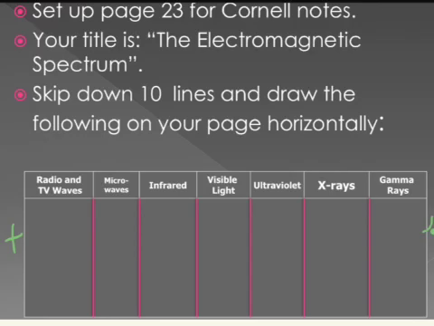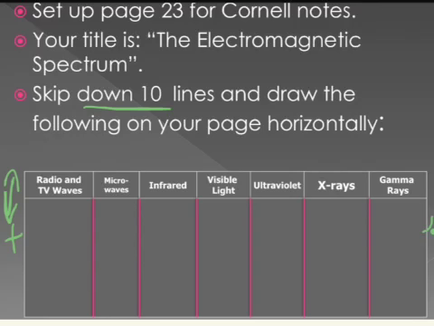And these are the various types of electromagnetic waves that we're going to be talking about, the various types of radiation. There are 1, 2, 3, 4, 5, 6, 7 of them. So you're going to make 7 spaces to write, and you're going to be writing sideways. I told you to skip down a few lines so that you have room at the top up here to write some things before we begin filling in the chart. So go ahead and set this up on page 23.